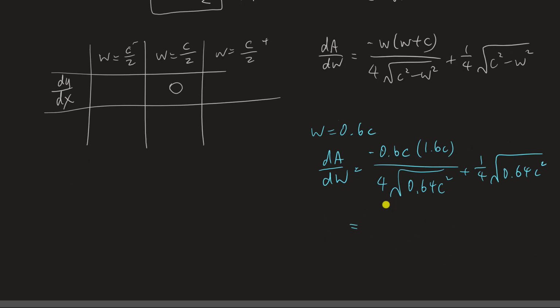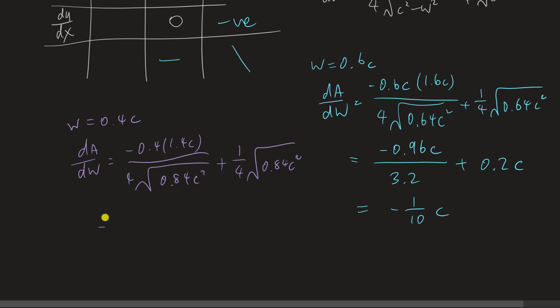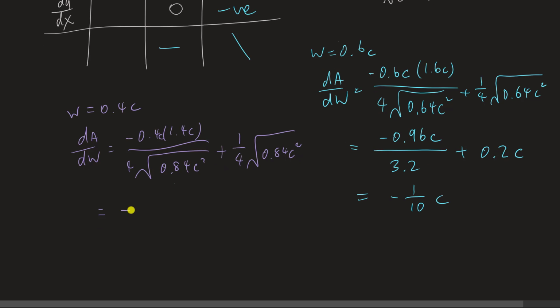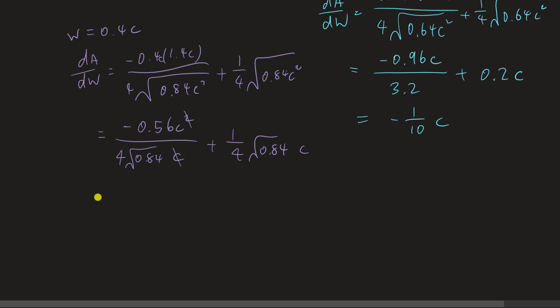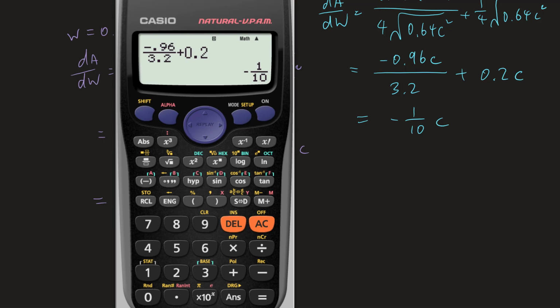Simplifying this will give us, so here you will get negative 0.56 c square over 4 square root 0.84 c. So you can cancel, just like here you cancelled the c square with the c at the bottom to leave you with c on top. Here you will get 1/4 square root 0.84 c. Then all you need to do is press the calculator.